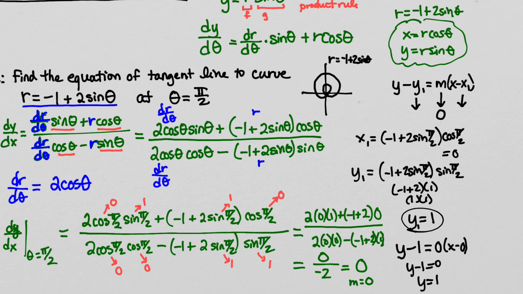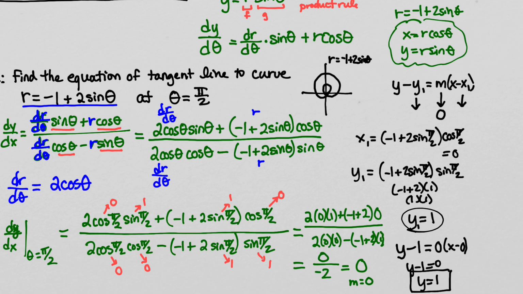What we are doing right now is finding the equation of the tangent line right here when theta is pi over 2. We could pick one at pi, or one at pi over 3. I should probably have done a different one, but I wanted to make it as simple as possible. So y equals 1 is the equation of the tangent line.